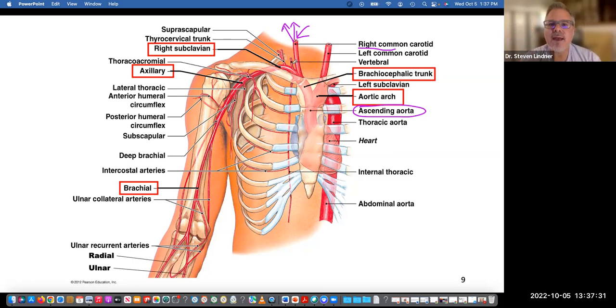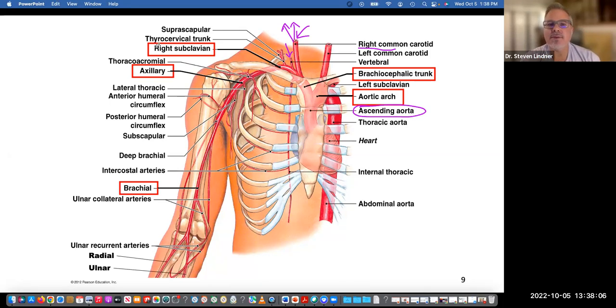Off of the brachiocephalic, we also have a vertebral artery that's going to go through the transverse foramen of the cervical vertebrae. Both the vertebral arteries and the internal carotid arteries help make up the blood supply into the brain. We will go over something referred to as the circle of Willis. That helps to bring blood into the brain. It's so important that the brain has two ways of getting blood into it, the vertebral arteries and the internal carotids.